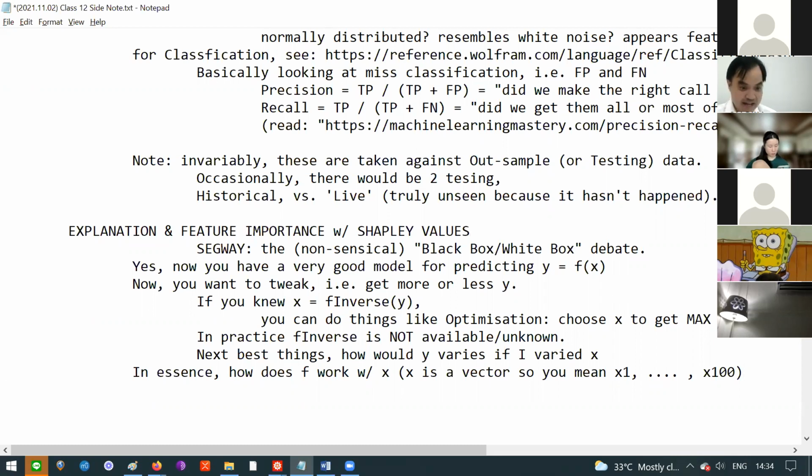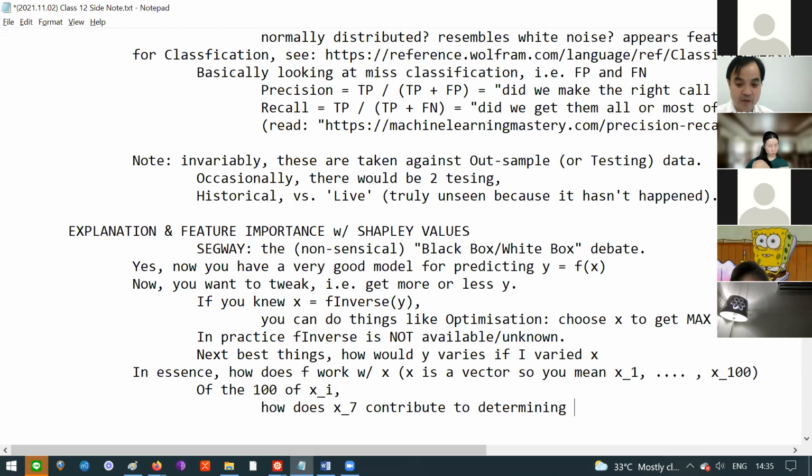Once again, you have a vector X of hundreds of Xi's. How does, say, X7 contribute to determining Y? This is the sort of thing you want to ask.